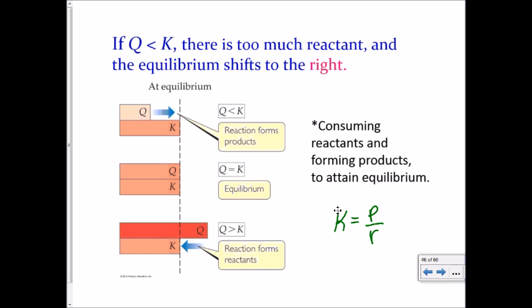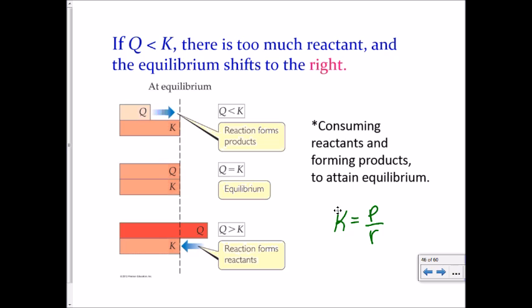So if the Q number happens to be less than K, that means you have a bigger number in your denominator for Q. That means you have too much reactant going on, and you would want to make product, shift it, proceed to the product side.